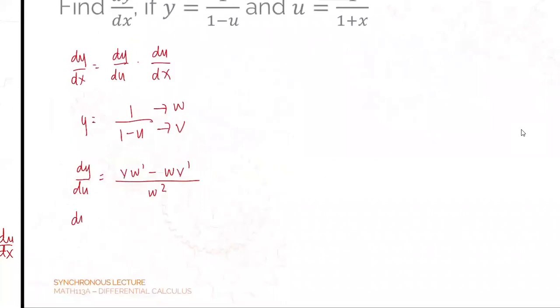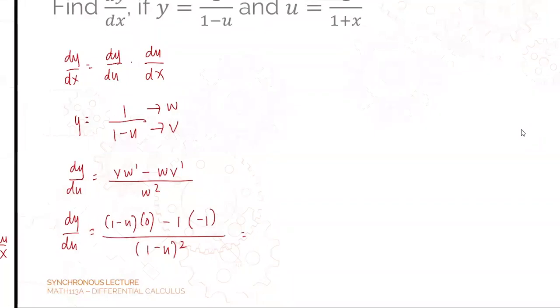So ang dy over du natin will be equals to 1 minus u times w prime is 0 minus w times v prime natin is negative 1. Okay? So, diniretso ko na. So, 1 minus u squared. So, simplify natin. This will be negative 1 times negative 1. So, 1 over 1 minus u squared. So, meron na tayong value para dito.